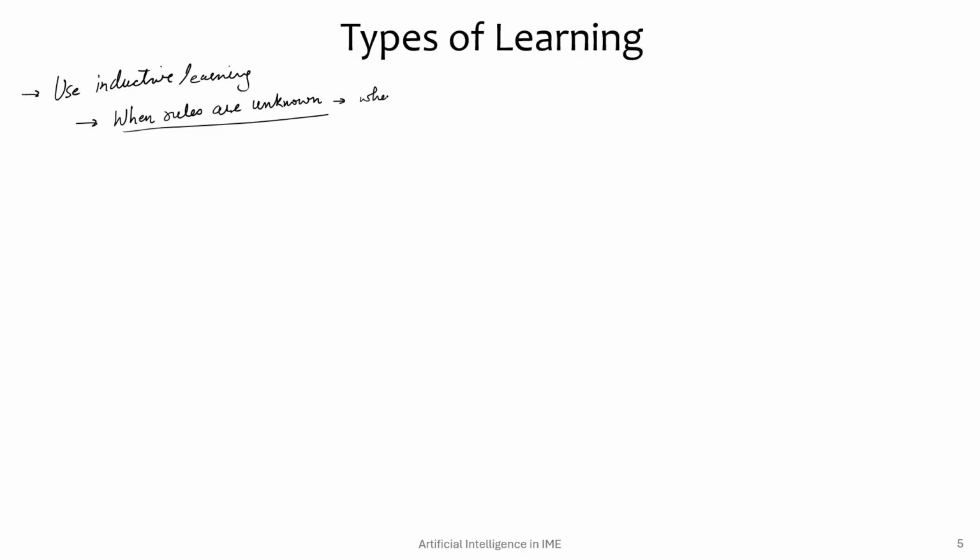When the relationship between input and output is unknown to a human expert, then we should use these kinds of inductive learning systems, right?